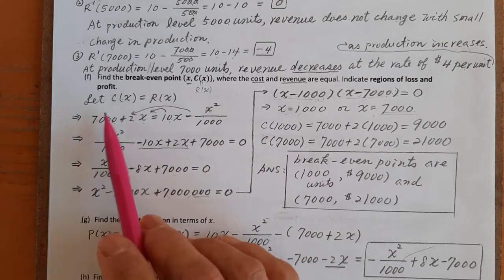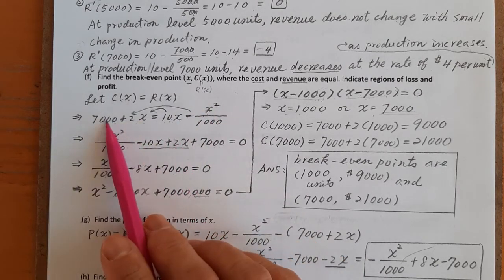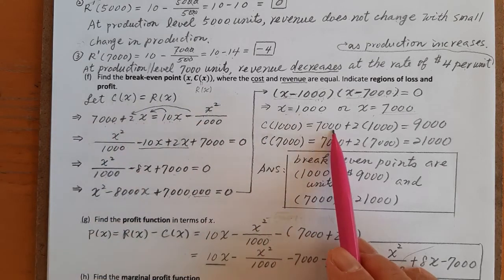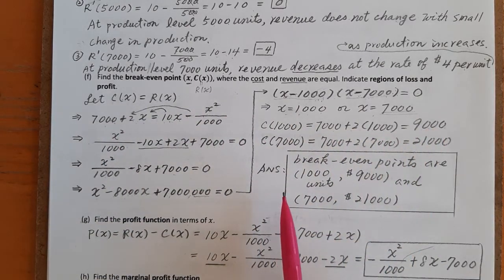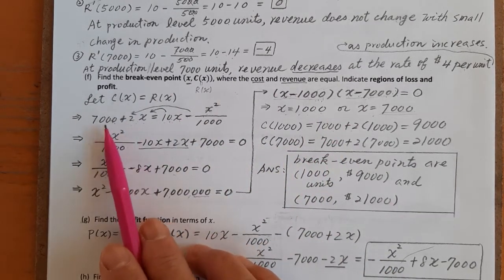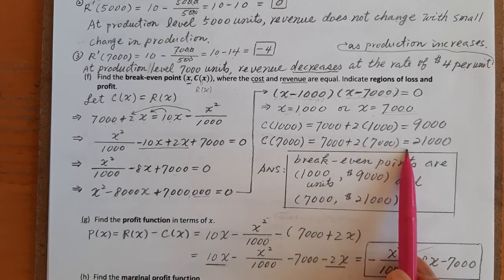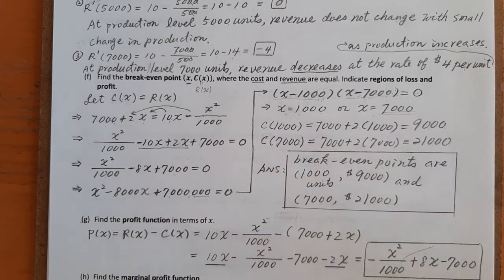Cost is easier because you don't need to do the square. So put into the cost function 7,000 plus 2 times 1,000, and you get 9,000 as the cost. And for 7,000, plug into the cost function: 7,000 plus 2 times 7,000, add together 14,000, and you get $21,000.